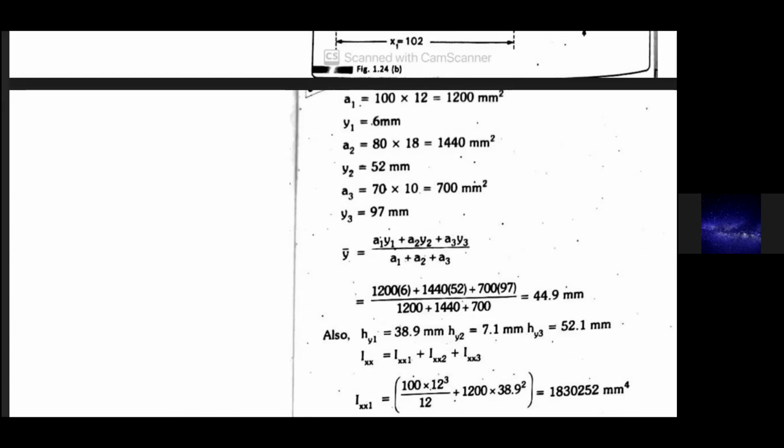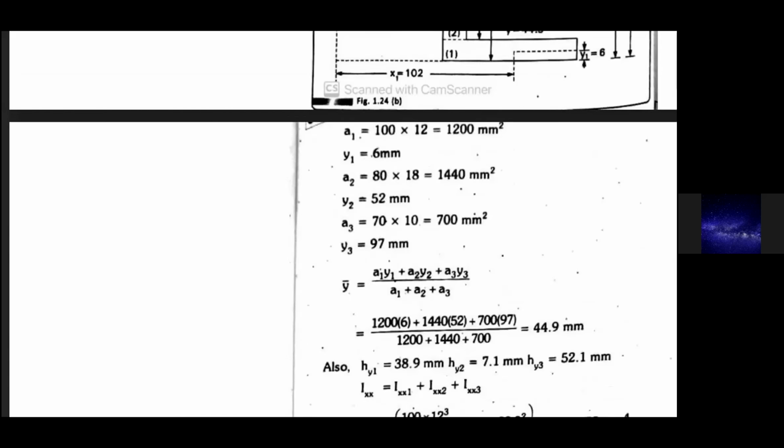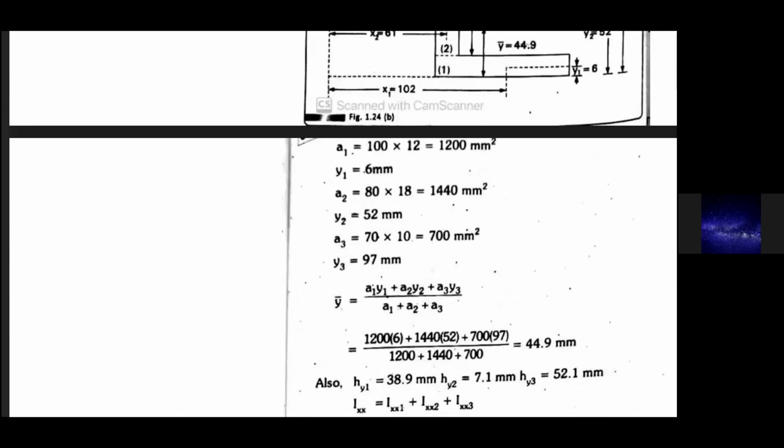That is hy1 is y bar, 44.9, minus 6, we get 38.9. Next hy2 is equal to y2 52 minus 44.9, 7.1, and hy3 is equal to 97 minus 44.9, we will get 52.1 mm.